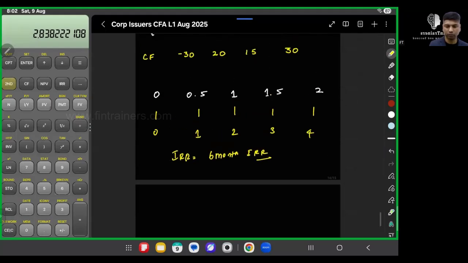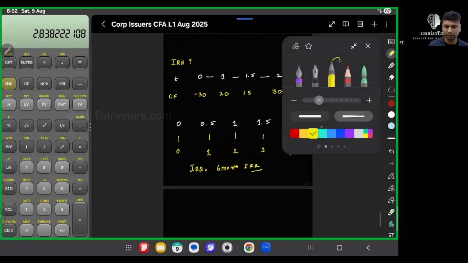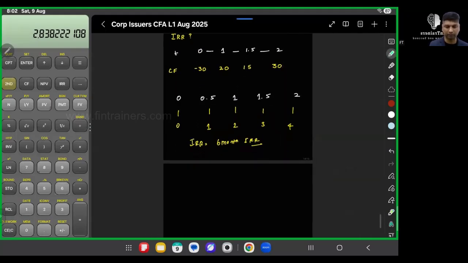Some of you know this if you have watched the rates and return video, which is part of the foundation. My annualized return is equal to 1 plus the holding period return, raised to the power m, minus 1, where m is called periodicity. This is a 6-month return.